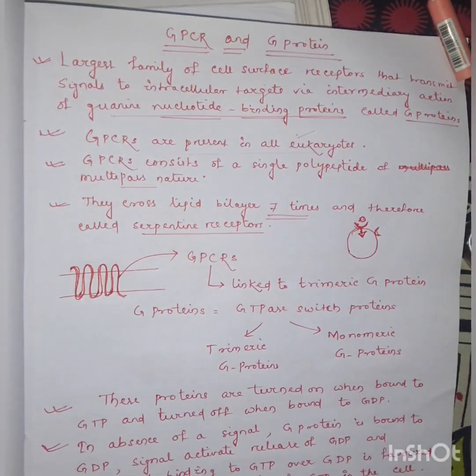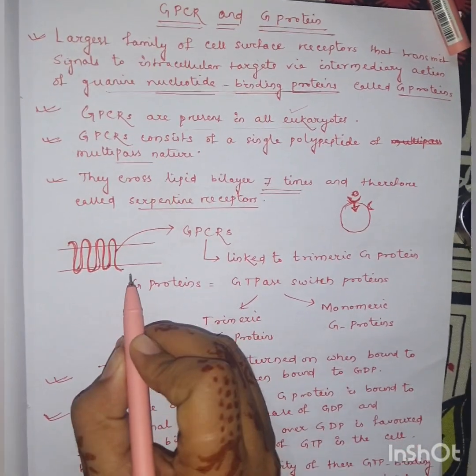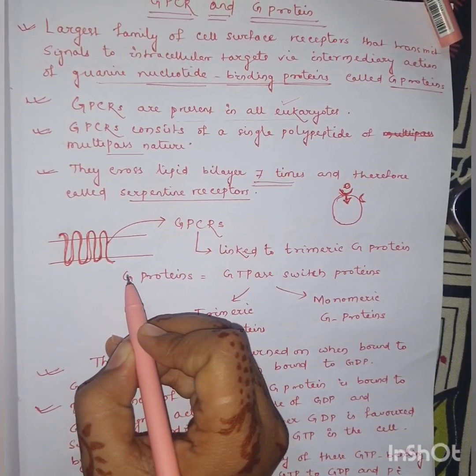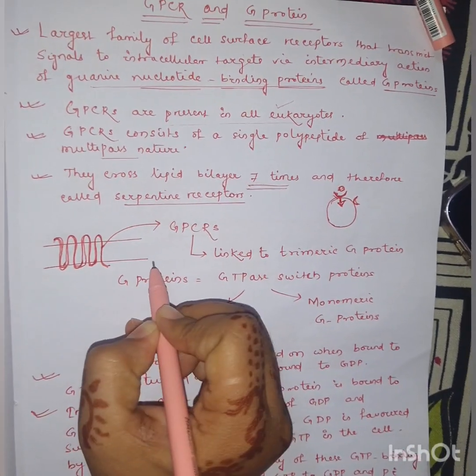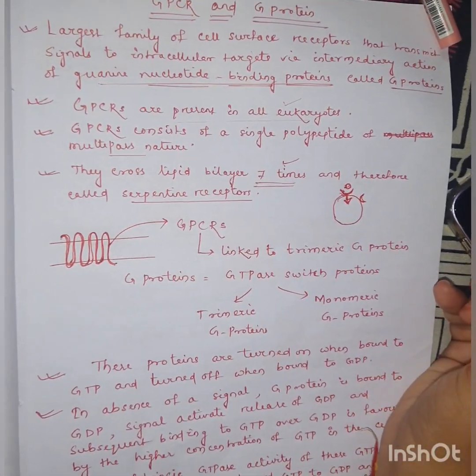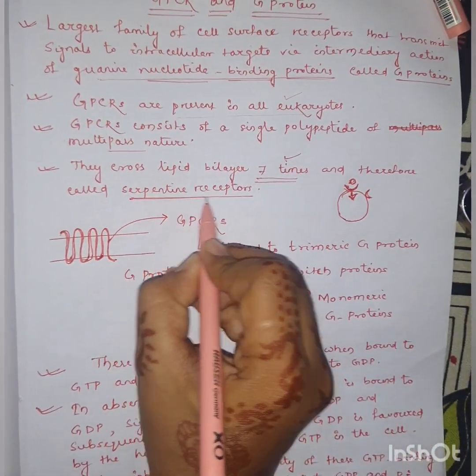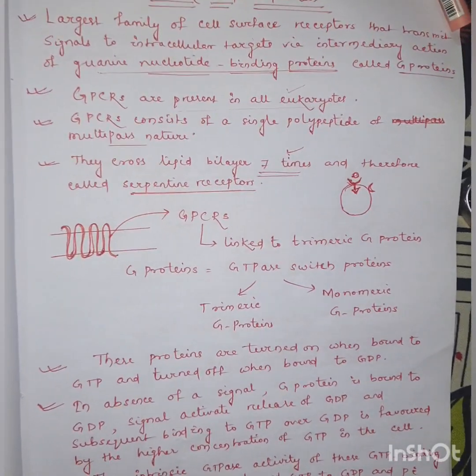So this protein has a multi-pass nature, and they cross the lipid bilayer 7 times, therefore called serpentine receptors.